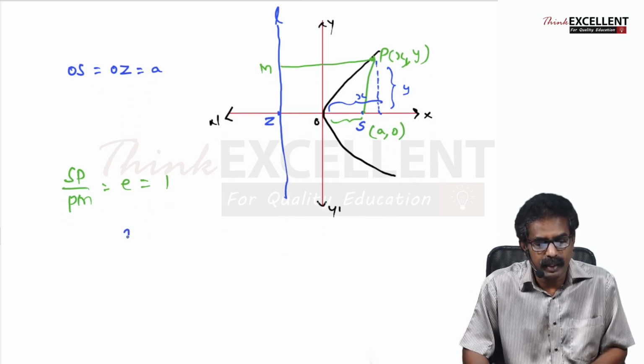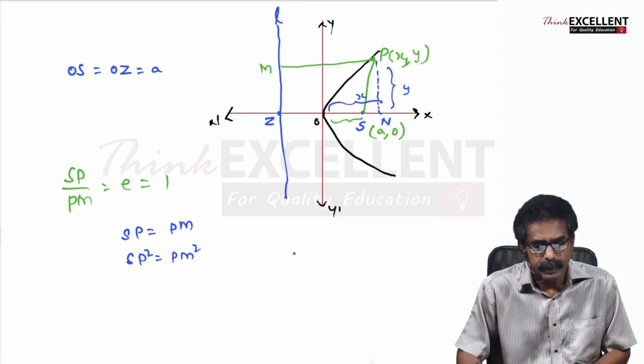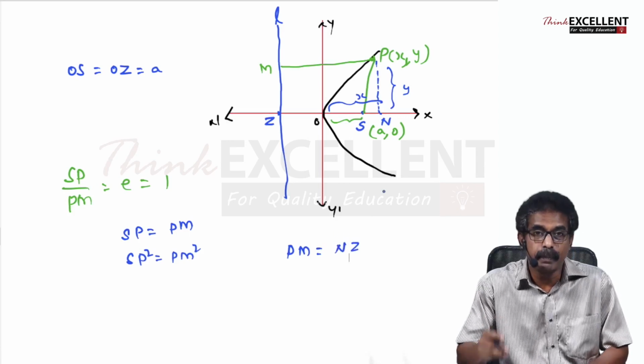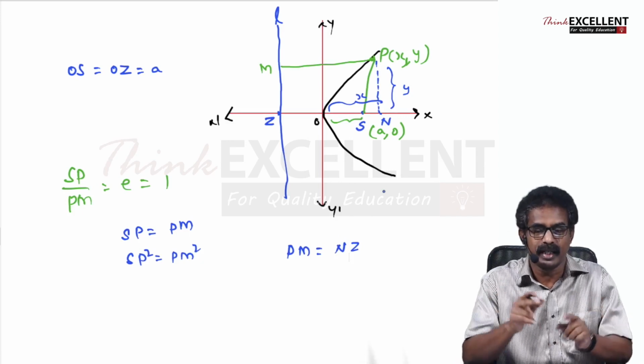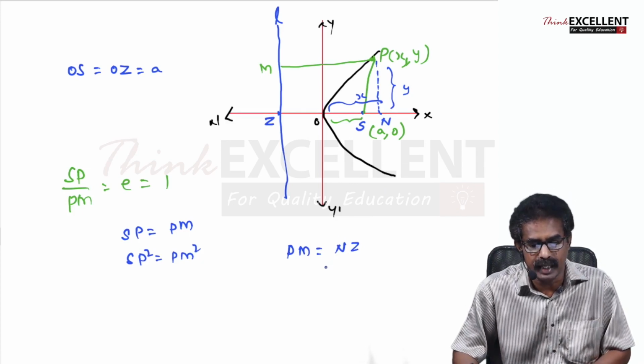So cross multiply, you are getting SP is equal to PM. Square it, SP square is equal to PM square. So let us find PM separately. PM is equal to NZ, right? Because from P we drew a perpendicular, and from M also there is a perpendicular. It looks like a rectangle, no? So PM and NZ are the same.